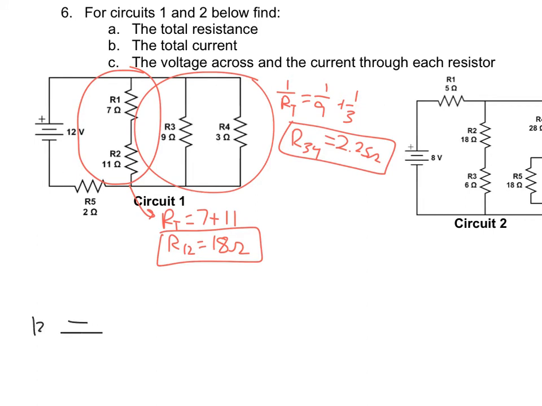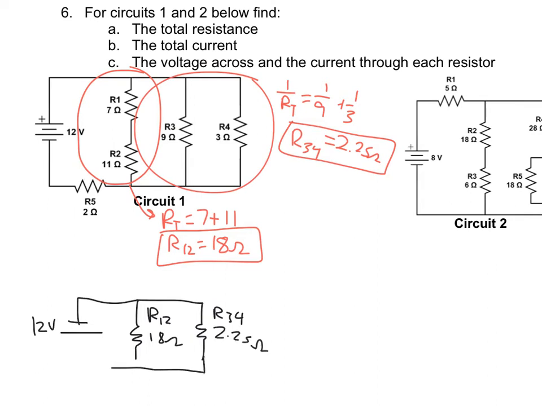We're now going to redraw our circuit here, replacing those. So we have our 12-volt battery. That is connected to R12 here, which is 18 ohms, and then R34 here, which is 2.25 ohms, and then we still have R5 down here, which is 2 ohms.